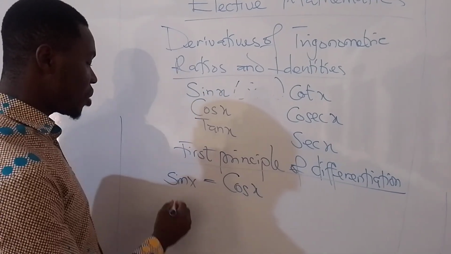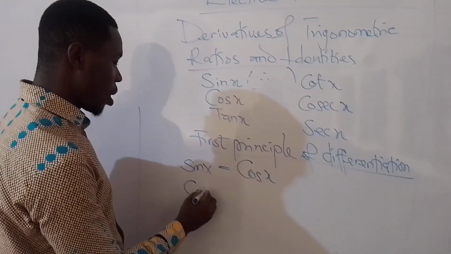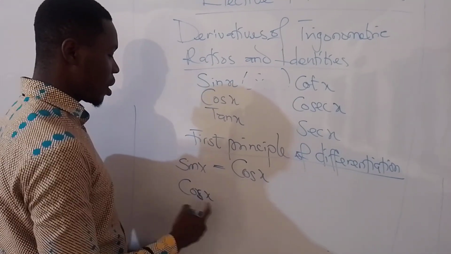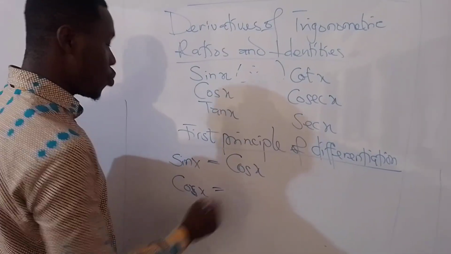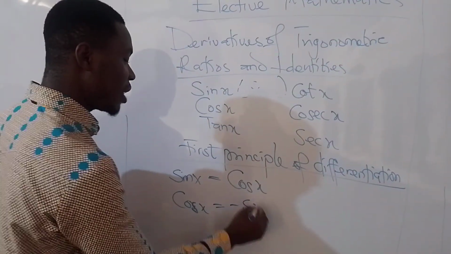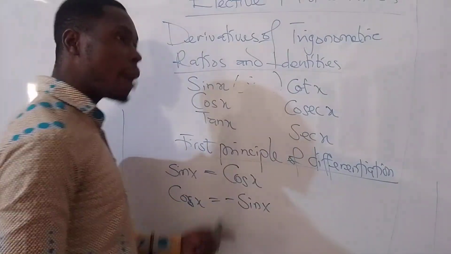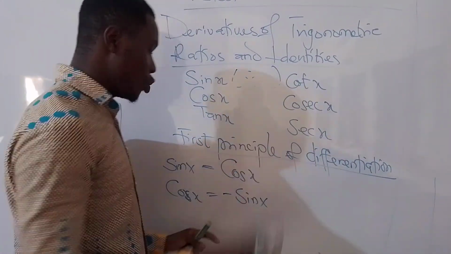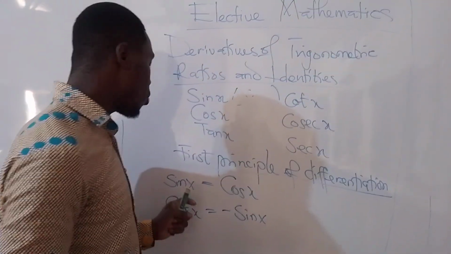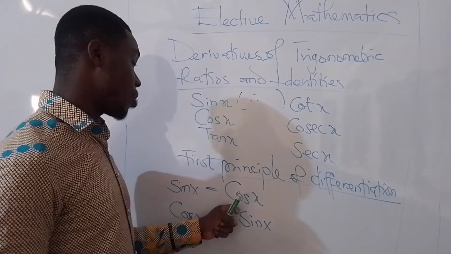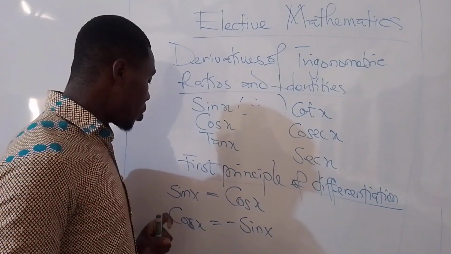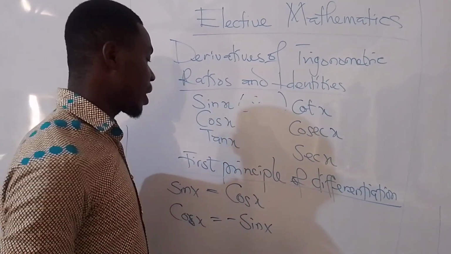Then when we differentiate cos x, we will get negative sine x. If you don't know how to go about this, kindly check my videos. You will surely find it there.